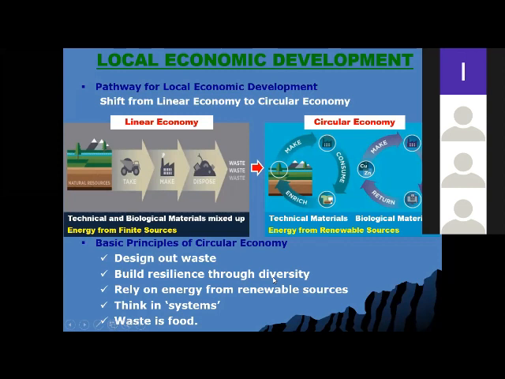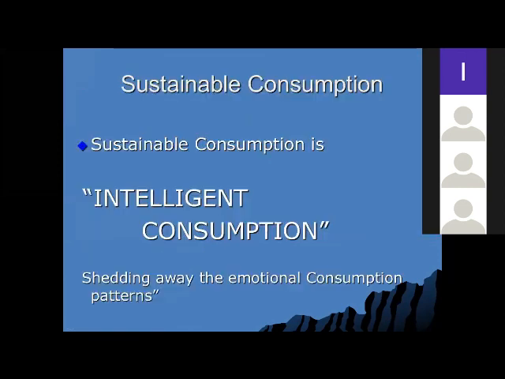So that's the message. Okay, then we talk about sustainable consumption. Sustainable consumption, intelligent consumption. As I said, it is intelligent consumption we should have. We should shed away the emotional consumption pattern. But we are now consuming emotionally, not intelligently. So therefore, to be sustainable, we'll have to be intelligent in consuming things.